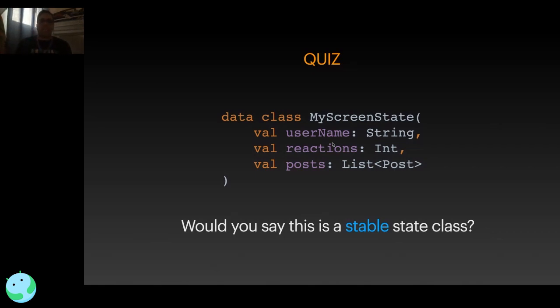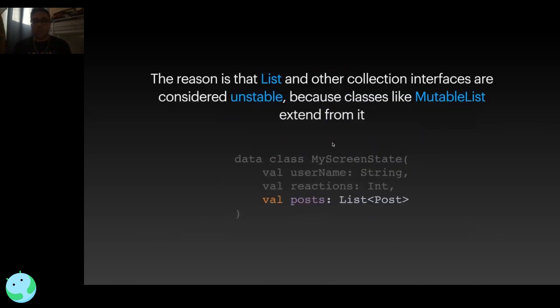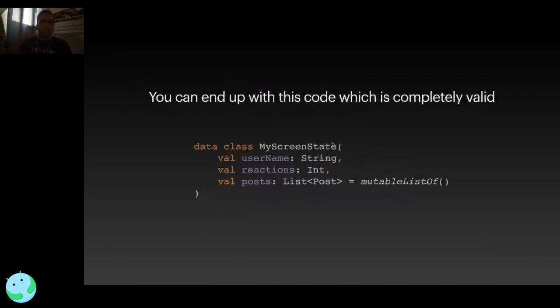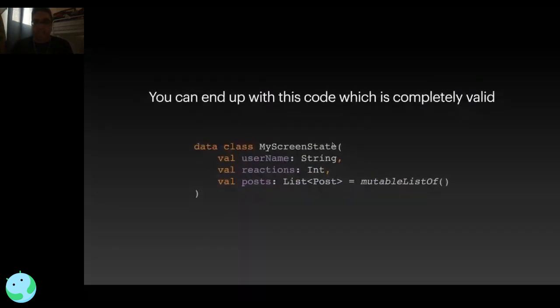And that's because list and other collection interfaces are considered unstable by the Compose compiler, because classes like mutable list, that are actually mutable, extend from it. So we can end up with this code, which is completely valid, right?